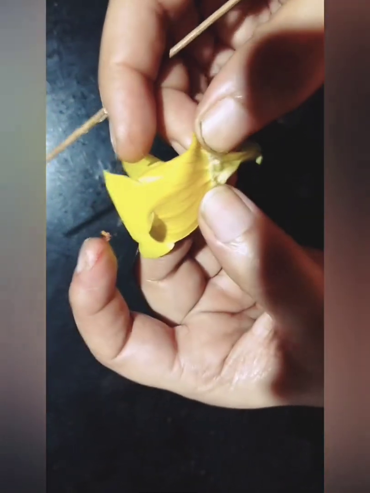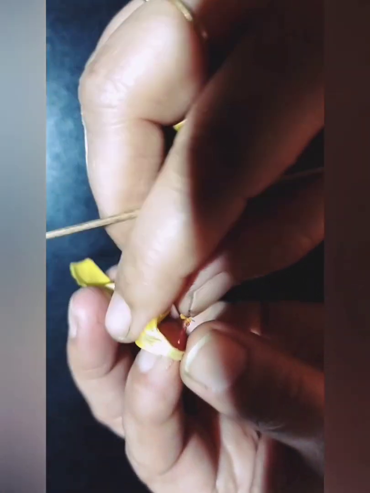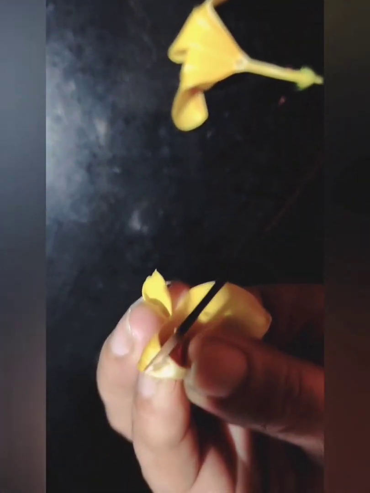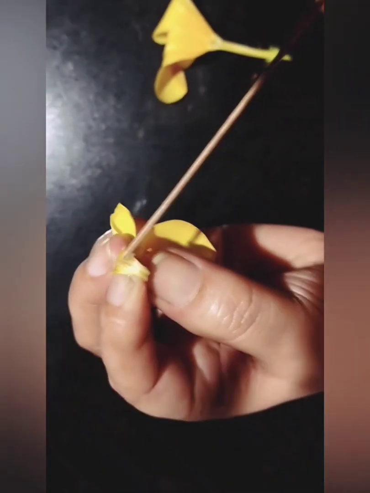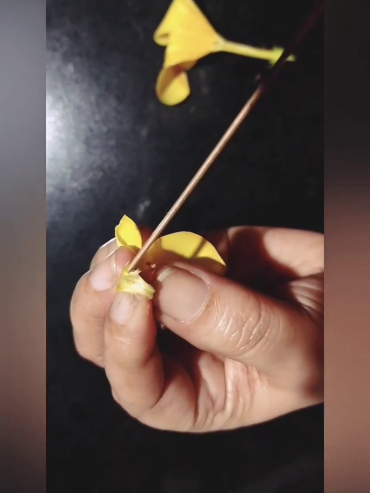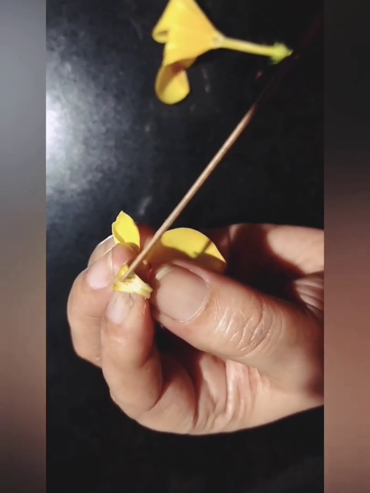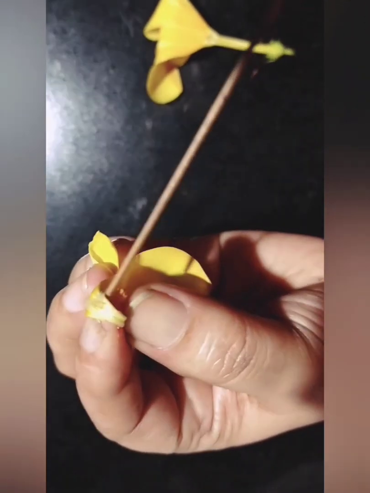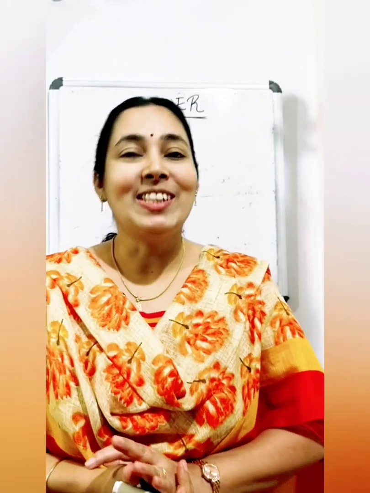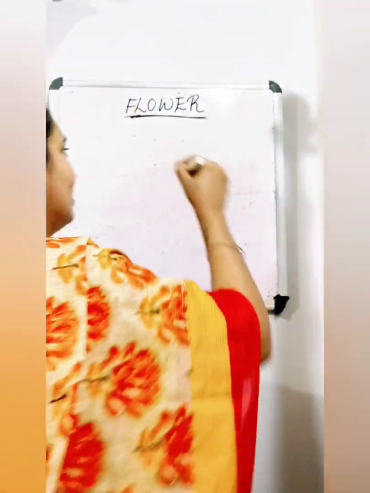These structures attached to the petals are the stamens in this flower. Here we cannot see a long filament. These structures are the anthers. These are the stamens. So no long filaments in this flower. Which is the next part? That is the stamen.